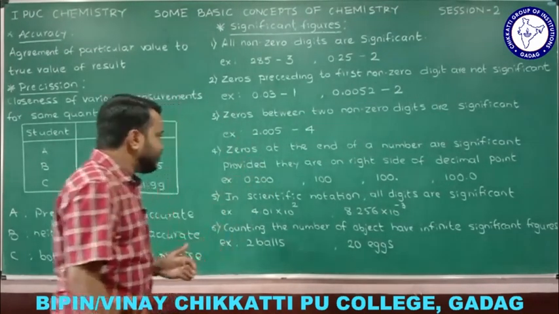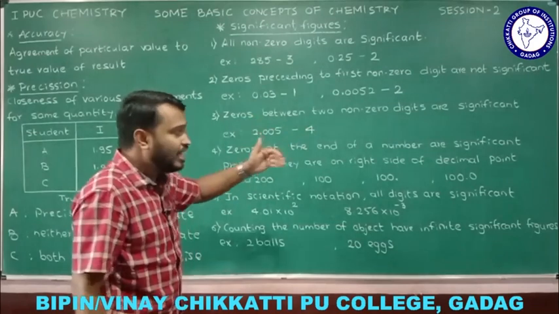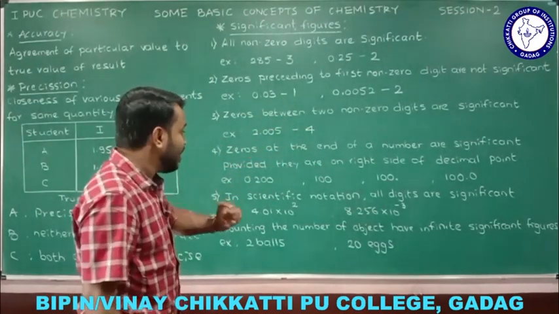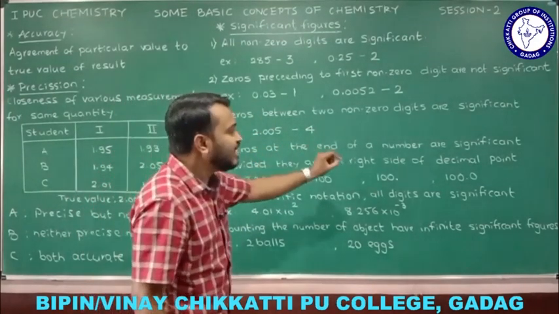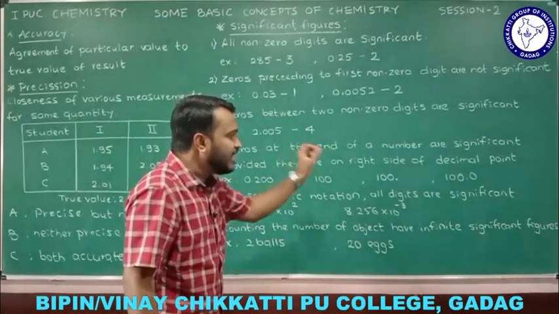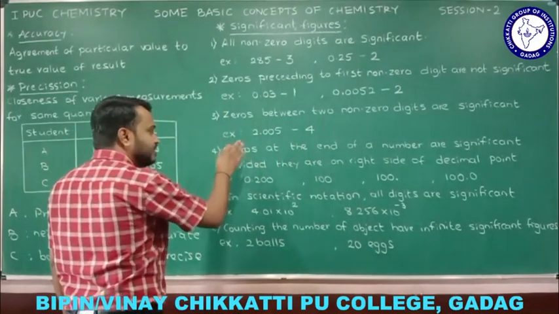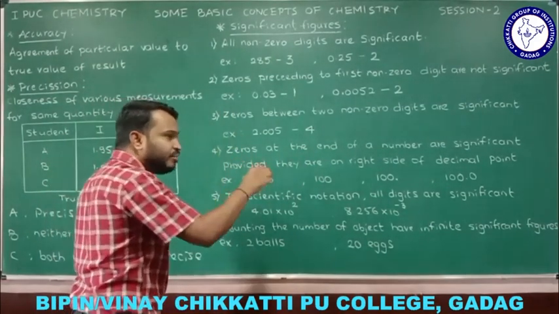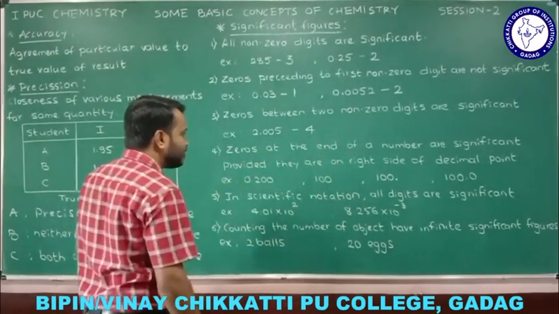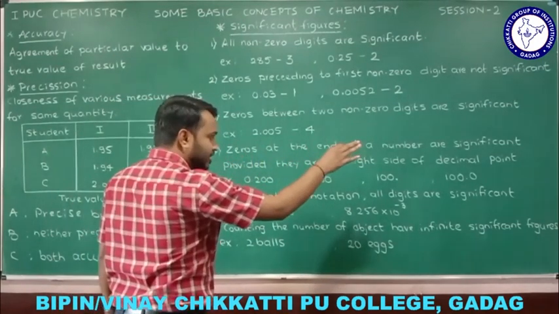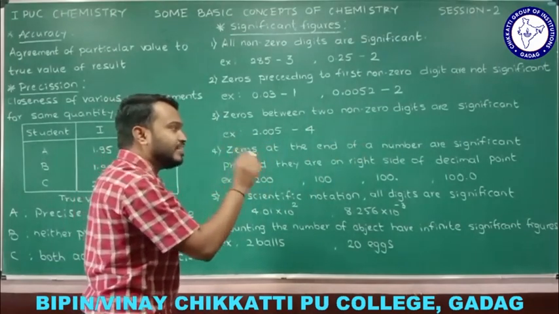Okay, we'll see the next one, the fourth one. Zeros at the end of a number are significant, provided they are on the right side of the decimal point. Here we are again considering 0, and this 0 is not preceding or in between, but at the right part or end of the number. Zeros at the end of a number are significant only if we have a decimal point.